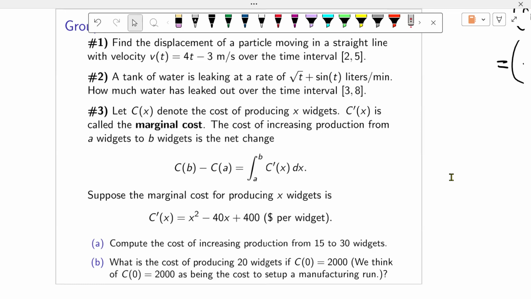Yeah, you're setting it up just right. And yep, very good. It's really just, oh dear. She is. So it's 4t, not t to the fourth. So that makes the antiderivative just 2t squared, which is a lot easier to work with.